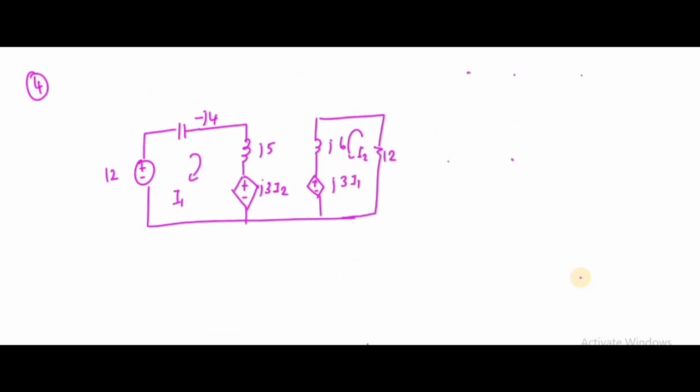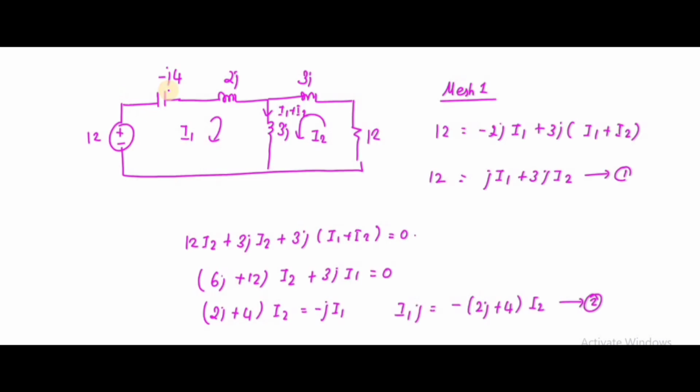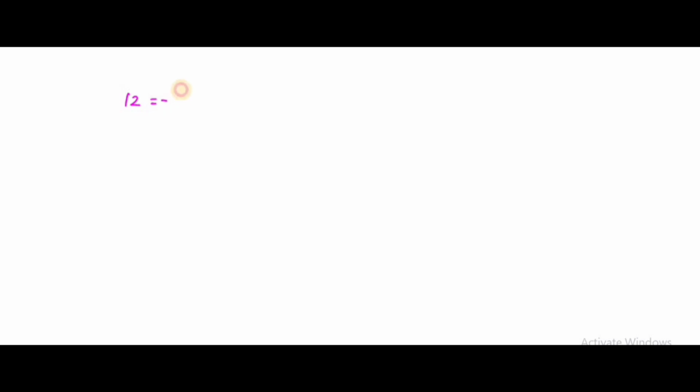So substitute this. 12 is equal to minus (2J plus 4) I2 plus 3J I2. So that is equal to J I2 minus 4 I2. So I2 is equal to 12 divided by (J minus 4).